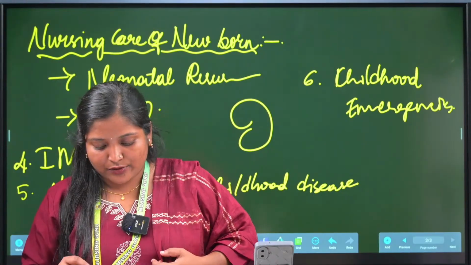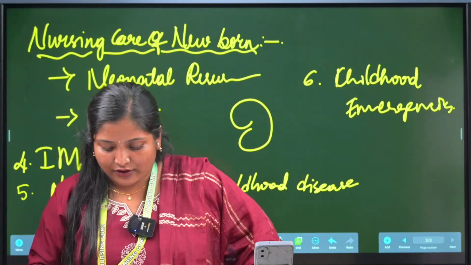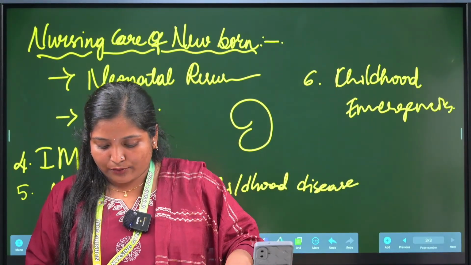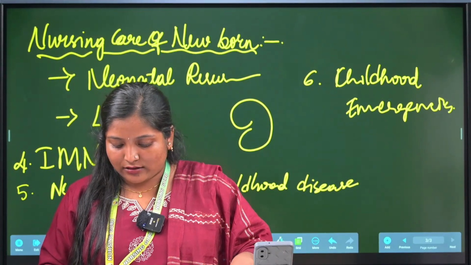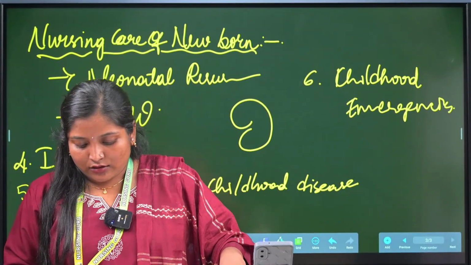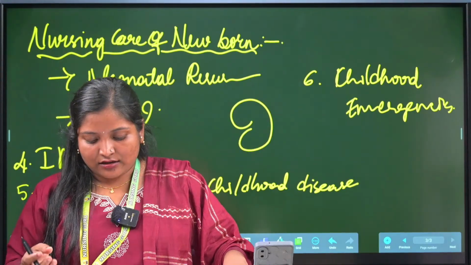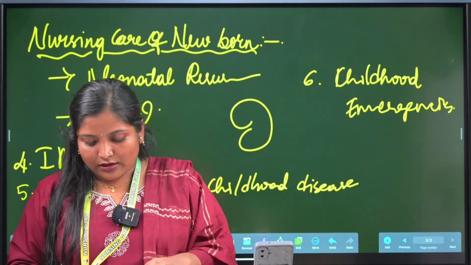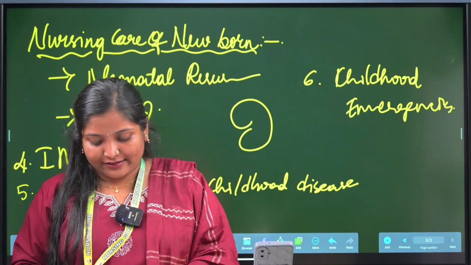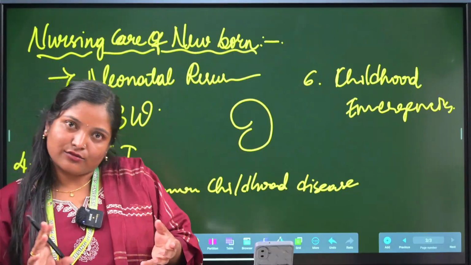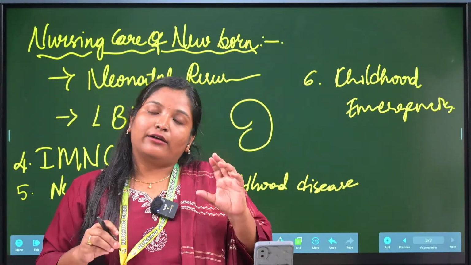Identification and nursing management of congenital malformations of the kidneys, Wilms tumor, exstrophy of bladder, hypospadias, epispadias, obstructive uropathy. Next is nephrotic syndrome, acute glomerulonephritis, and renal failure. Whatever the disease conditions, they are the same; you only have to learn them according to children.